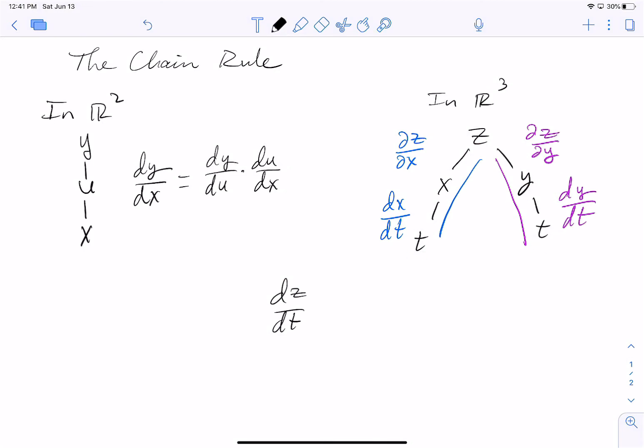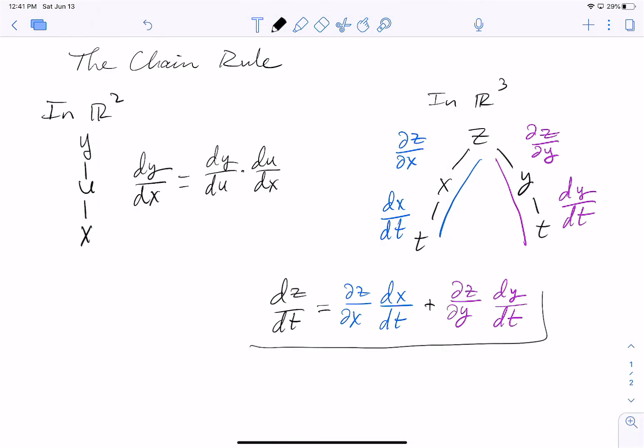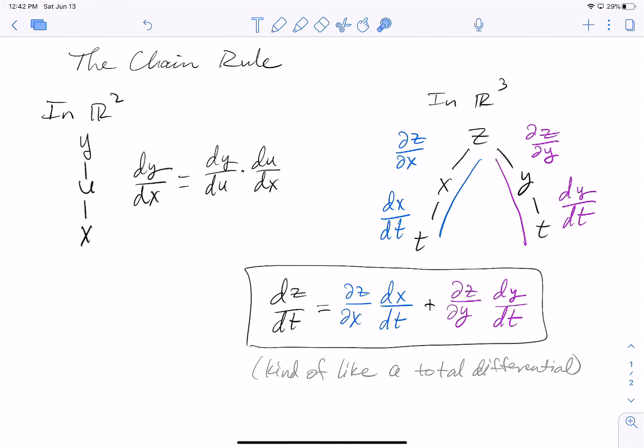So dz/dt is equal to the partial of z with respect to x times the derivative of x with respect to t, plus the partial of z with respect to y times the derivative of y with respect to t. That's our derivative of z with respect to t, and it's really kind of like a total differential in that we're adding a change with respect to x to a change with respect to y.